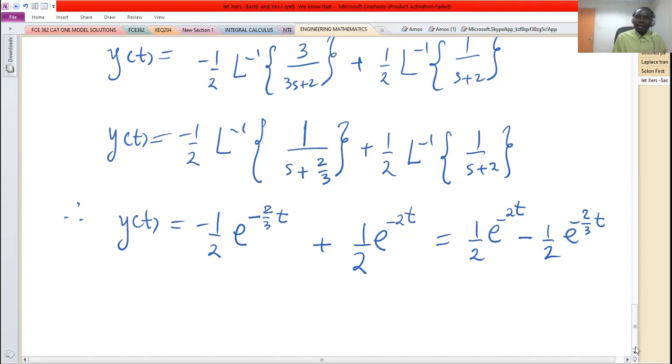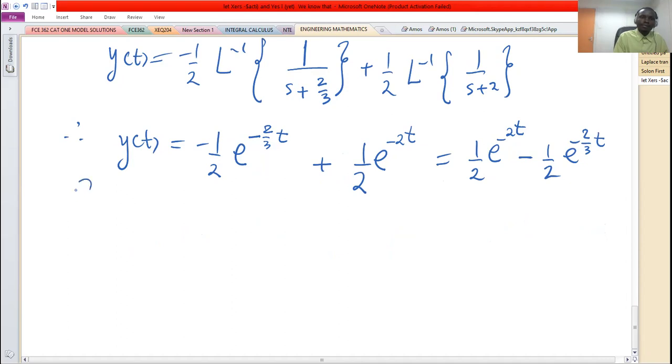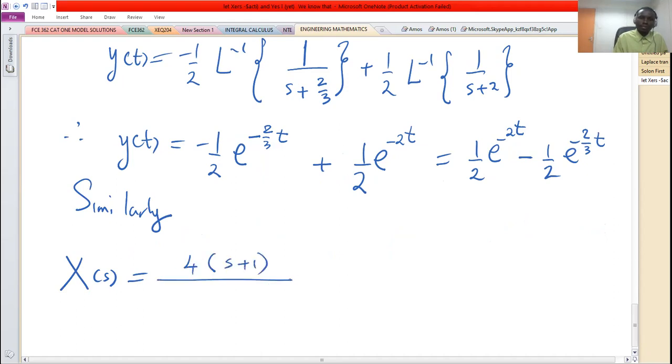And then similarly, X of s, when you still use the same Cramer's rule, you'll get the answer to be 4 into s plus 1 divided by s into 3s plus 2 into s plus 2.